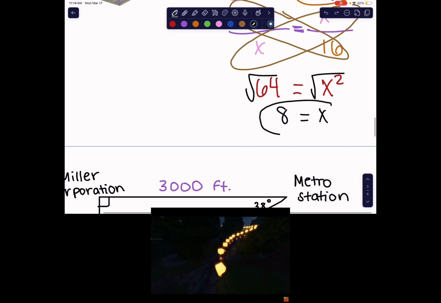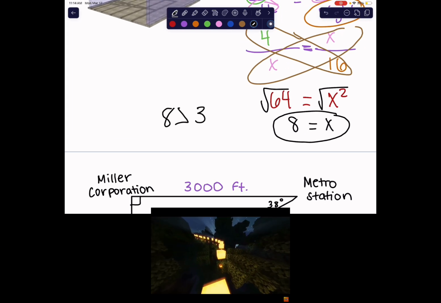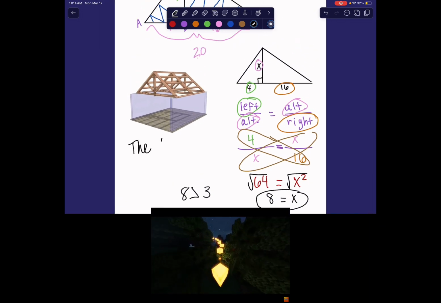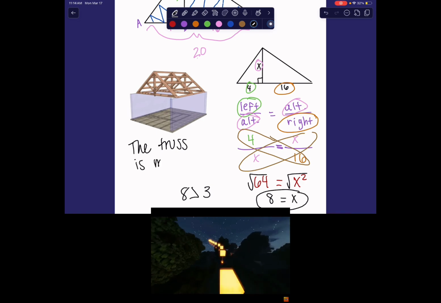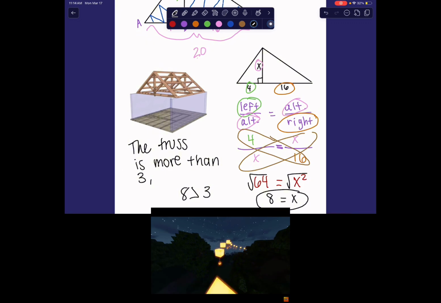If you look here, 8 is more than 3. So then your answer would be something like the truss is more than 3.